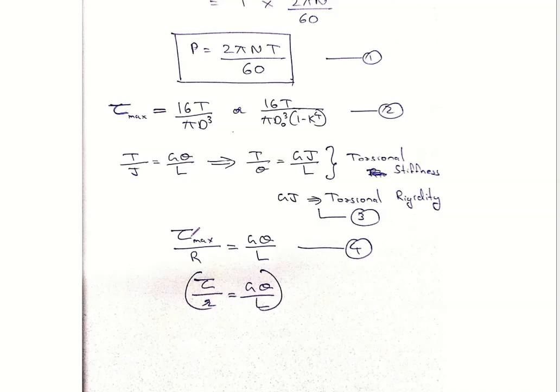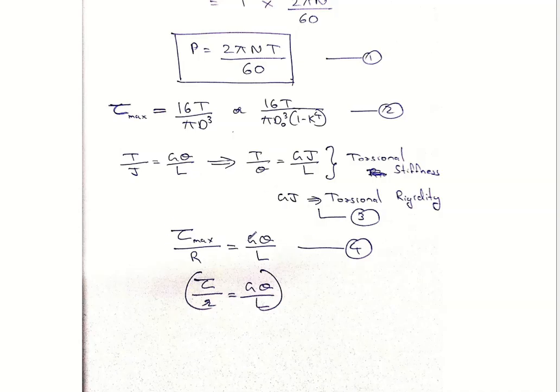The other combination was tau max by R is equal to G theta by L. In the torsion equation, we had three terms. The different combination of any two of them can give us a platform to do our numerical problems.